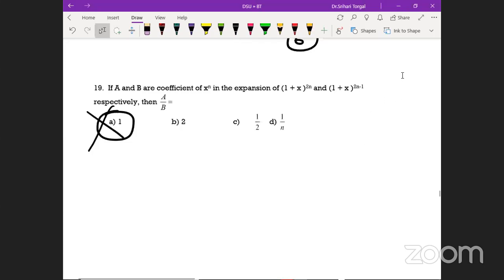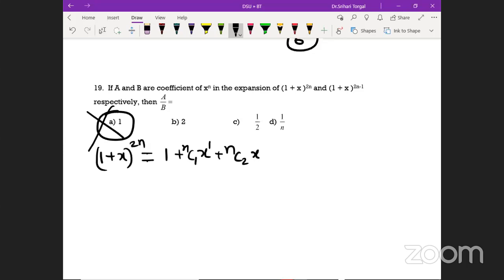Let me explain. If I expand (1 plus x) whole power 2n, what do I get? 1, then 2nc1 x power 1, 2nc2 x power 2, 2nc3 x power 3, because the power is 2n, right?